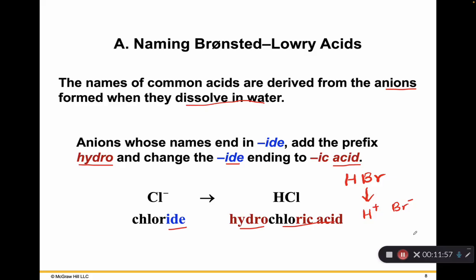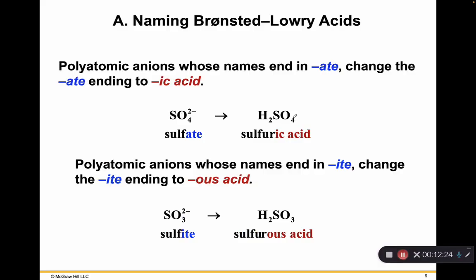Similarly HF will be hydrofluoric acid, HI will be hydroiodic acid, and HCN would be hydrocyanic acid. So whenever the anion that is formed has "ide," you make it "ic" acid and then add hydro in front of it. Do not forget to add hydro in front.